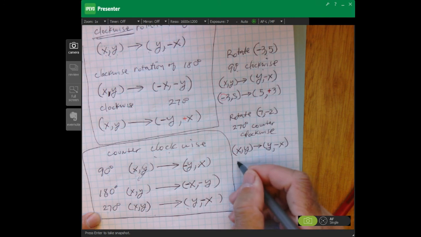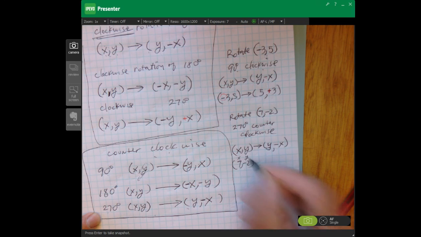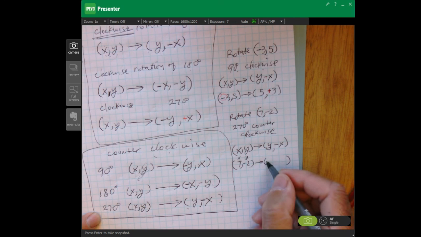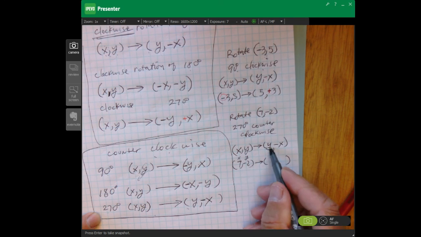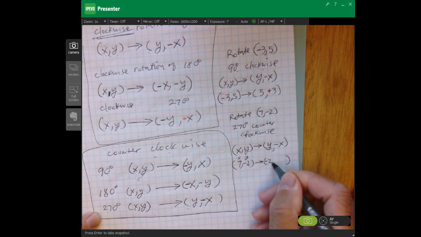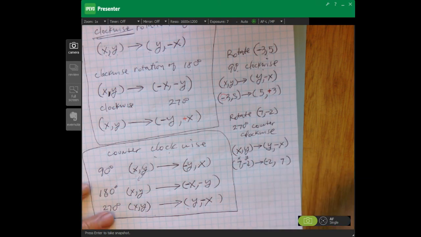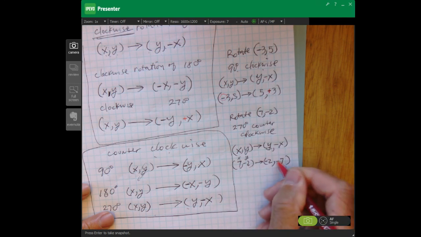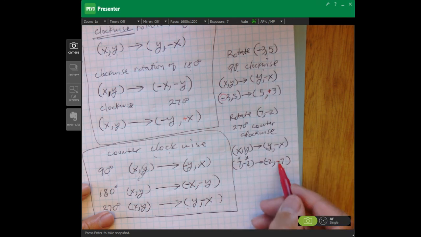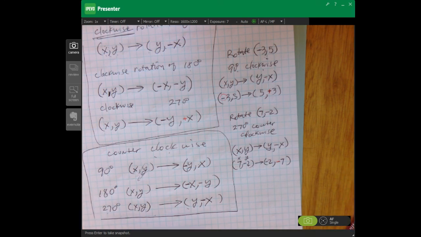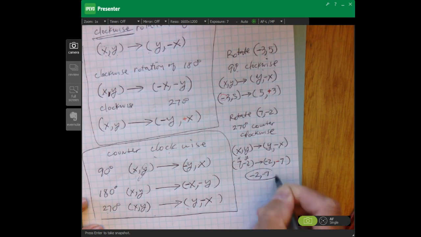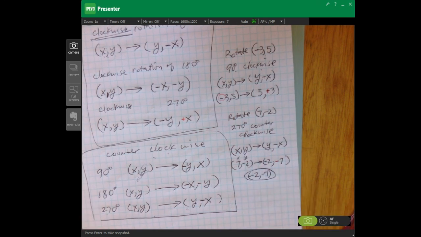And we're starting at 7, negative 2. So x is our 7, and y is our negative 2. So now, instead of y here, we're going to put negative 2. So x goes here, 7, but we need a negative of whatever this is. So we put the negative in front, and that's your point. So negative 2, negative 7 would be your answer.